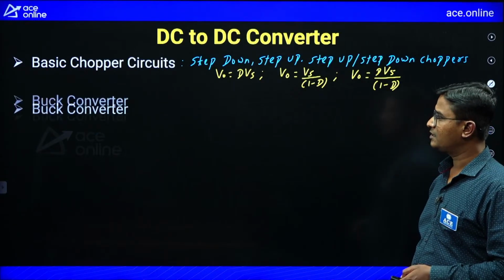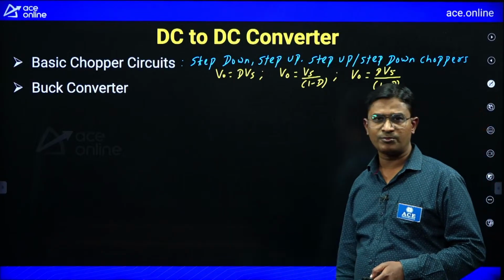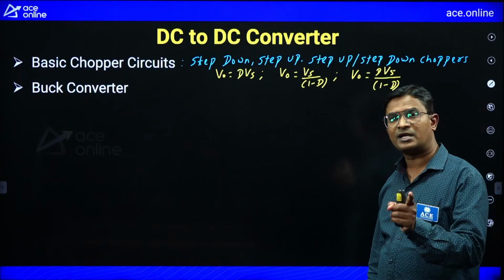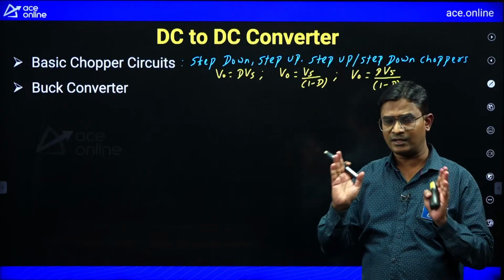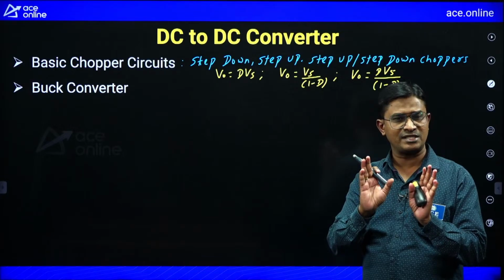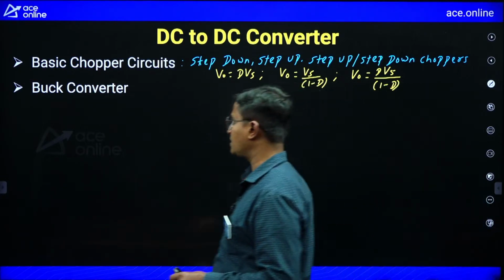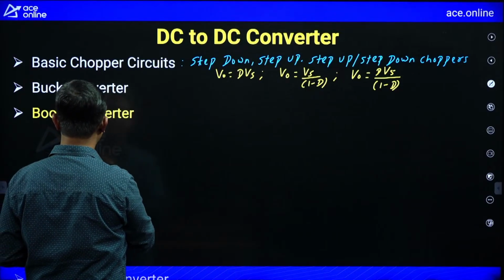Next we have the switched mode power supplies like the buck converter, boost converter and buck-boost converter. In these converters we have in-depth analysis, but for GENCO and TRANSCO very few questions have been asked, and some directly related to expressions. Which expressions are you required to memorize for buck, boost and buck-boost converters?